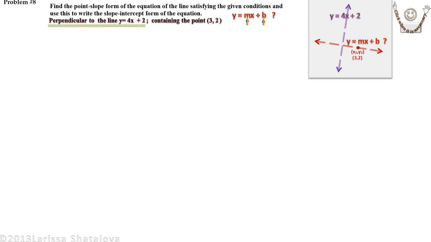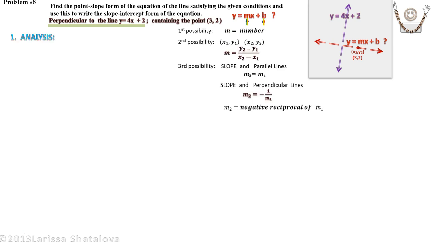Analysis. First, slope. Our line is perpendicular to the line whose equation is y equals 4x plus 2. Perpendicular. Okay. Let's look into our options for slope. First option, if the slope is known, not in our case. Second option, if you have 2 points. No, we don't have, we have only 1. And third option, if you have lines which are parallel or perpendicular.